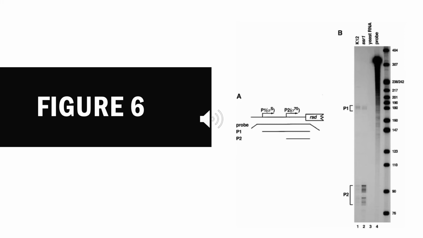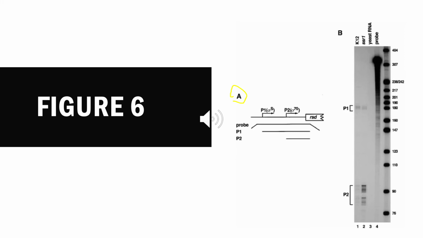In part A here, this is just a simple schematic of the RSD gene, really simplified, not really showing you much. The point is to show the two promoters that are present during the stationary phase. You've got P1, which requires sigma S, and then you've got P2, which requires sigma 70.